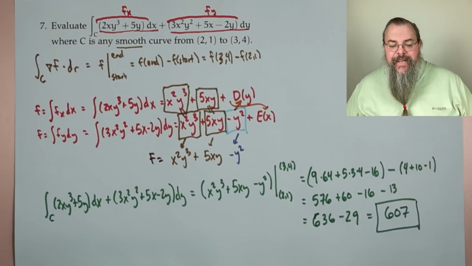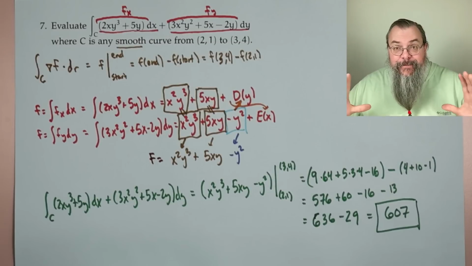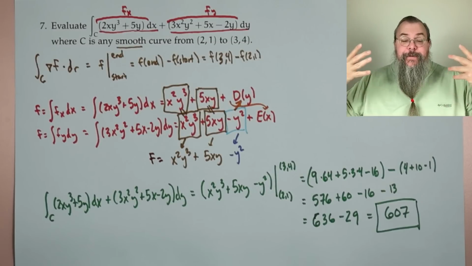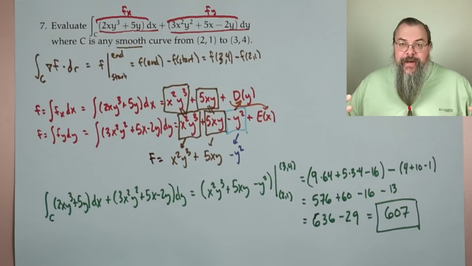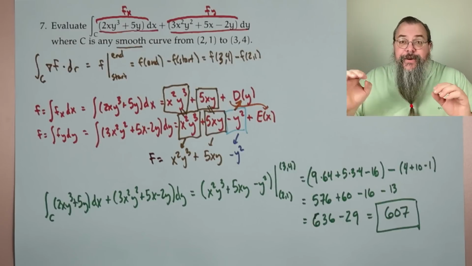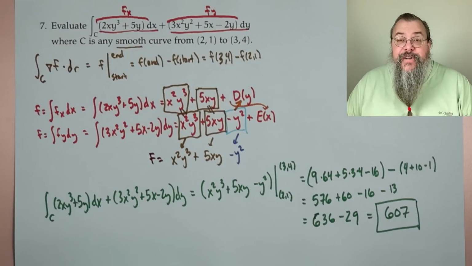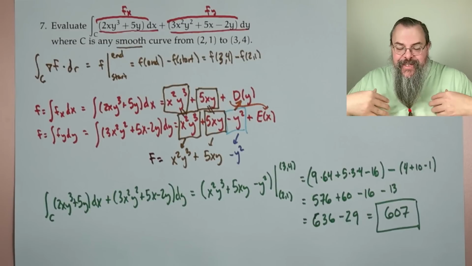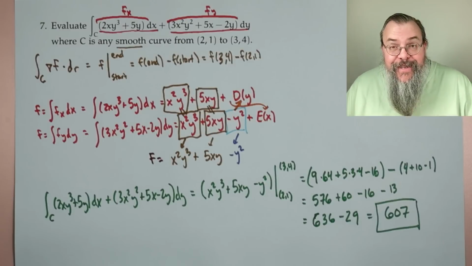We made it. Now, let's do a quick recap. We knew once they told us any curve would work that we weren't going to do a line integral by doing it, like, oh, let's plug in this for x, let's plug in this for y. No. We were all about finding that potential. It's like, we're trying to find our own potential by taking this course. And this problem says, well, find my potential.